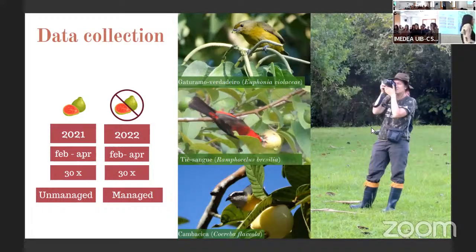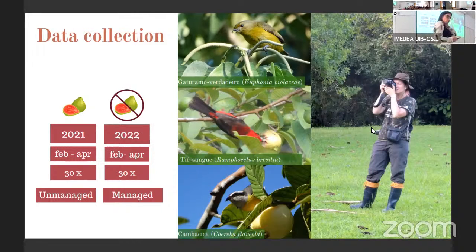The data collection was made in 2 consecutive years between February and April, because it's the time interval when guava is fruiting, offering fruits, with the same sampling effort in both years.